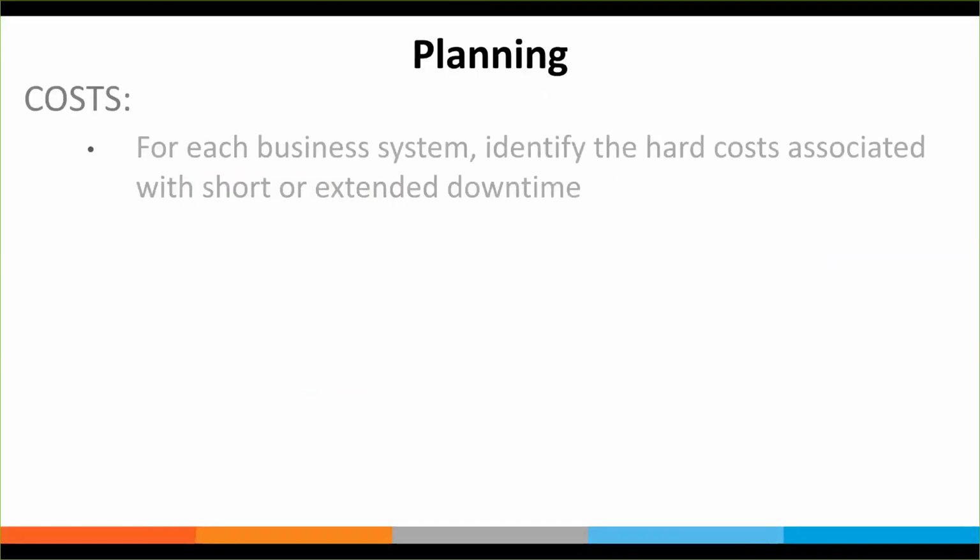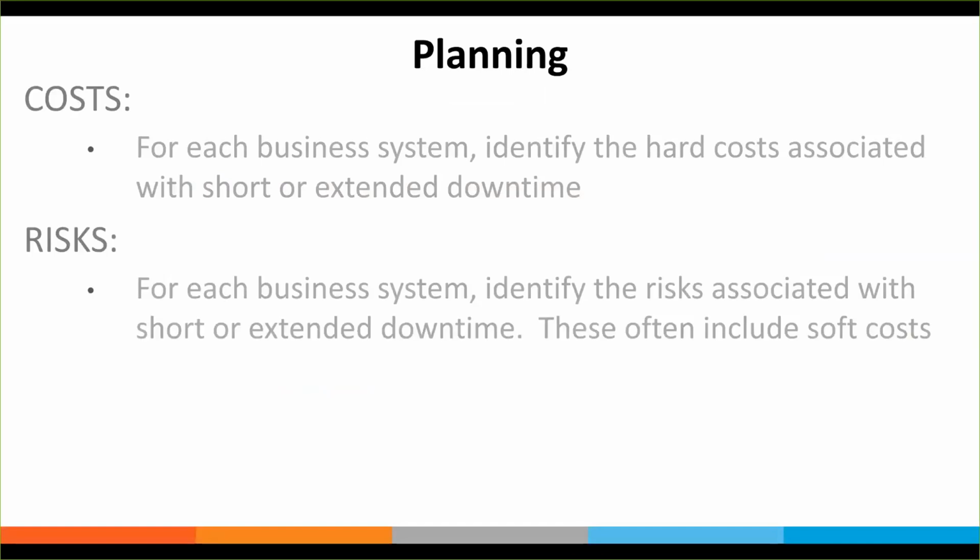You have to plan the cost for each business system. Figure out the hard costs associated with being down for a short period of time or an extended period of time. Figure out the risks for being down. These include soft costs.